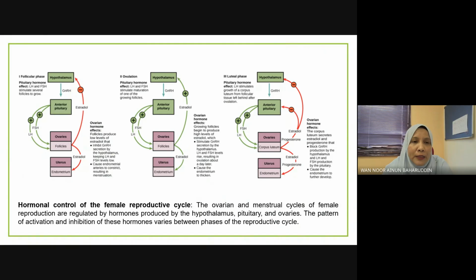on previous topics, we have three different phases. First one, the follicular phase. Second one, ovulation. Third one, the luteal phase.